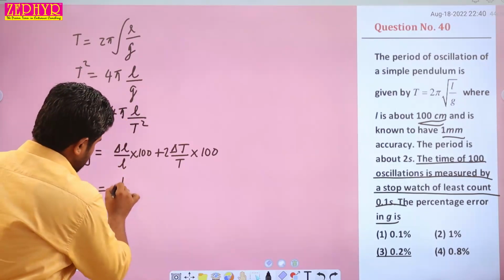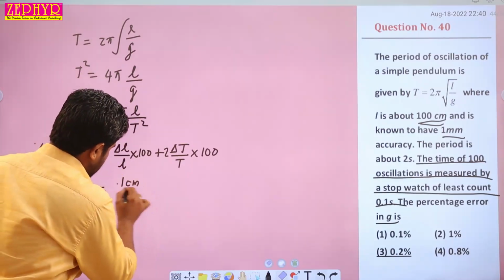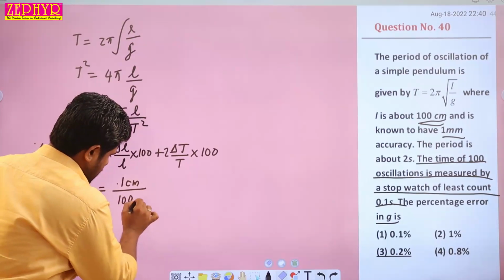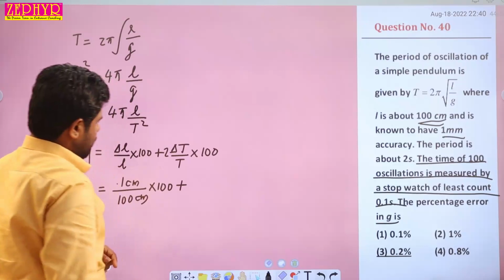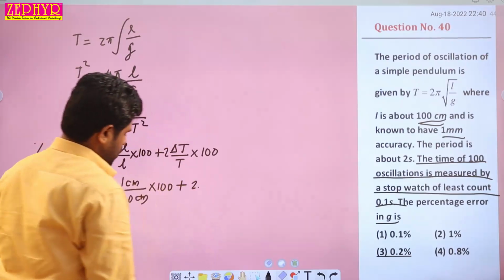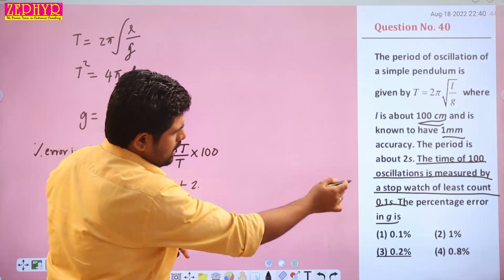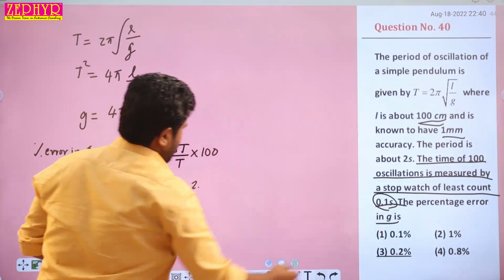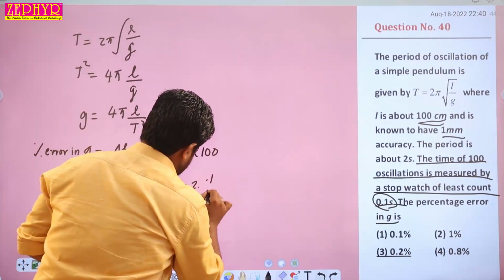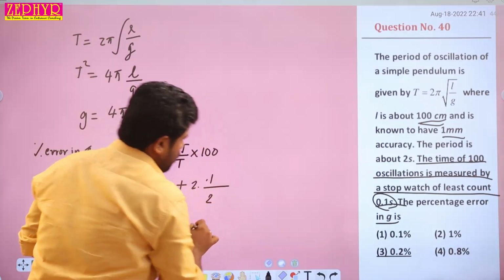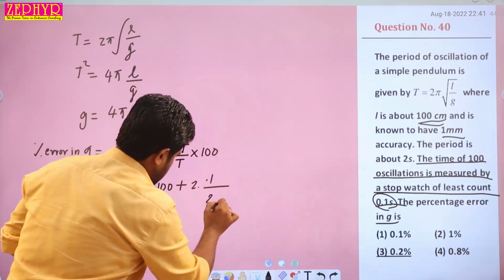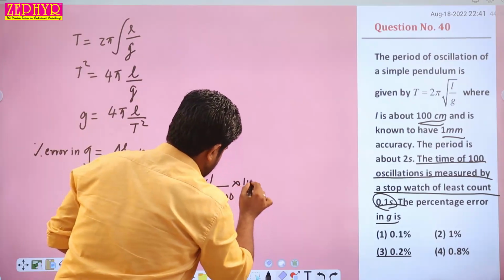So that is equal to 0.1 centimeter divided by 100 centimeter into 100 plus 2 into delta T value, which is 0.1 second, 0.1 divided by 2 second into 100 into 100.